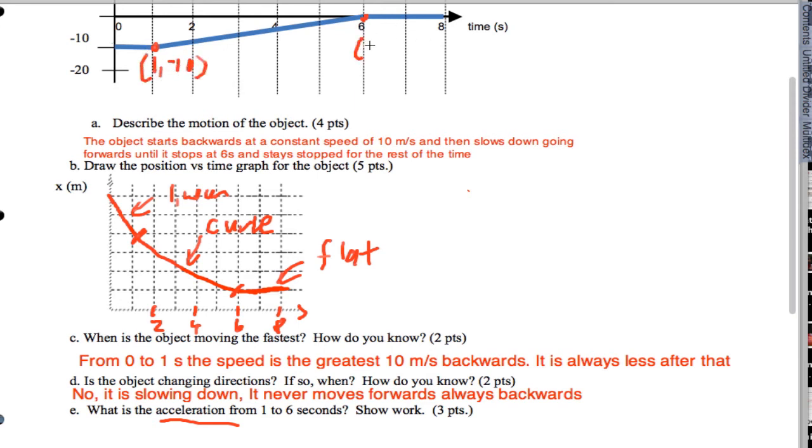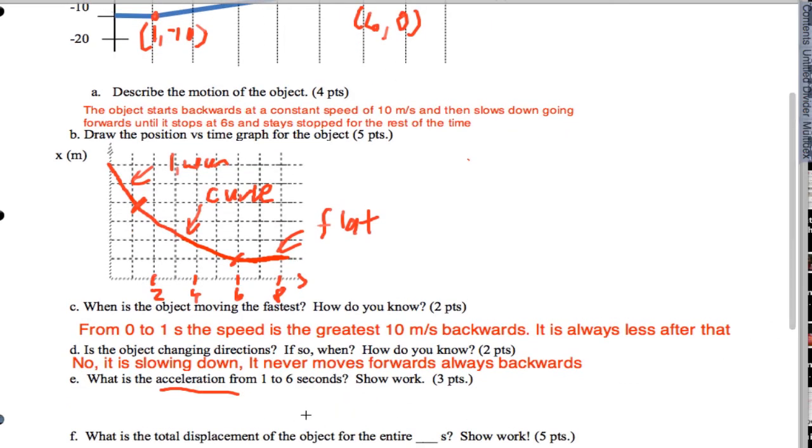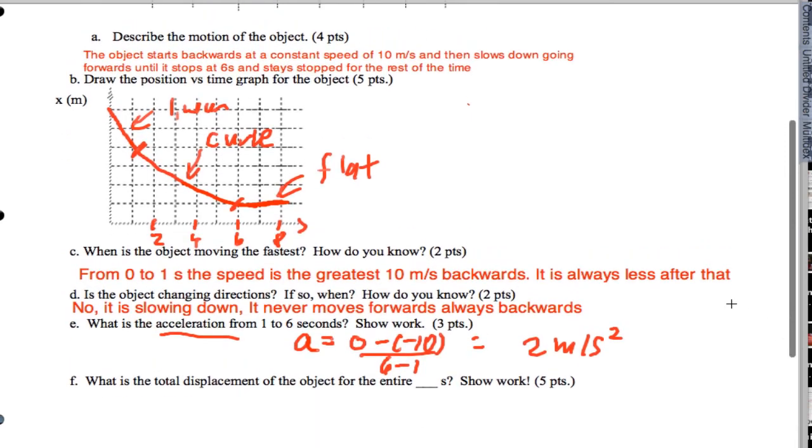Here I'm at 6 seconds and 0. So to get the slope, the acceleration is going to be 0 minus -10 divided by 6 minus 1, and that's going to give us 2 meters per second squared. Finally, we want to know the displacement of the object over the whole time.